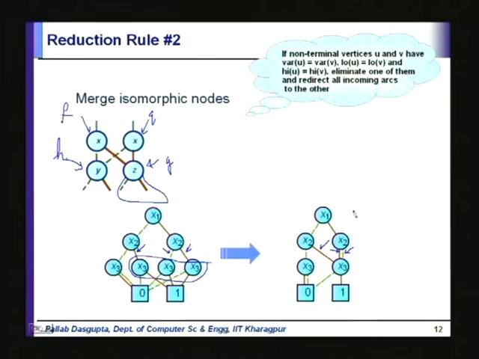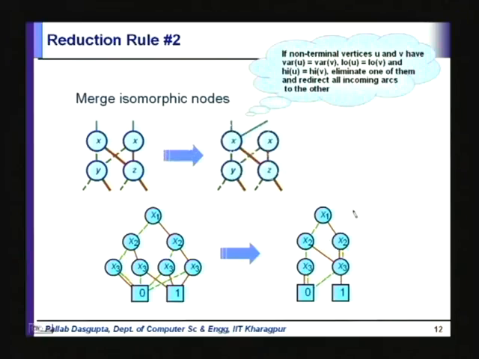So, in the whole BDD, if there are two nodes which are isomorphic in the sense that their 0 edges point to the same vertex, and their 1 edges point to the same vertex, then we can merge those two nodes because they actually represent the same function, right.